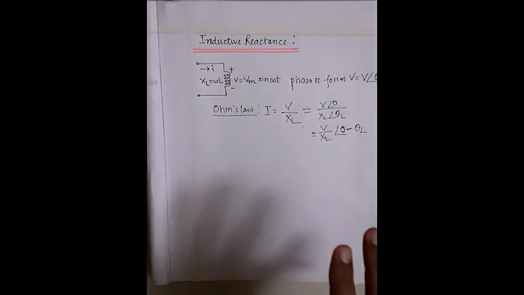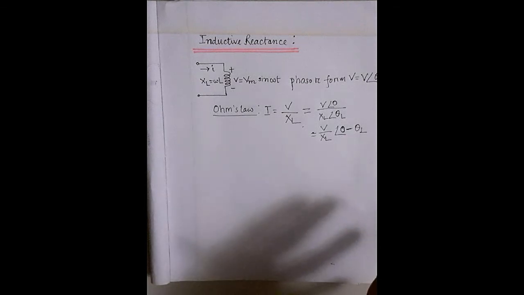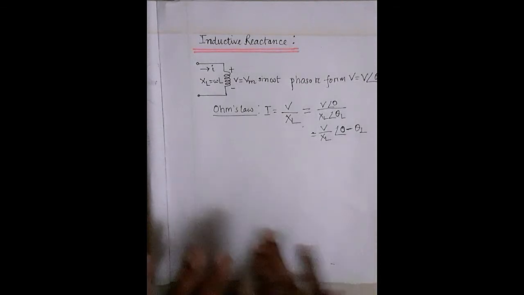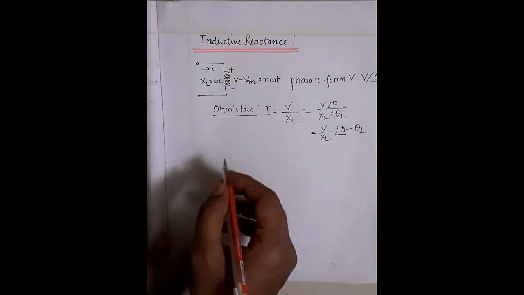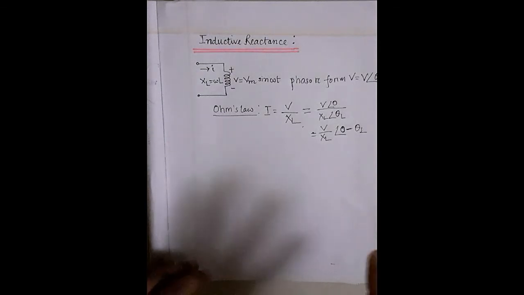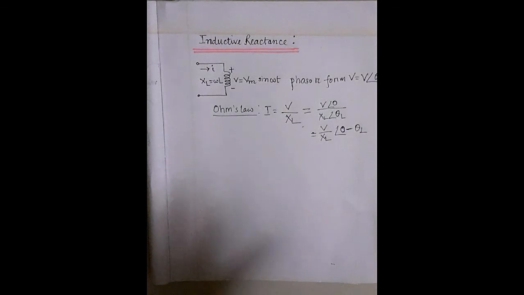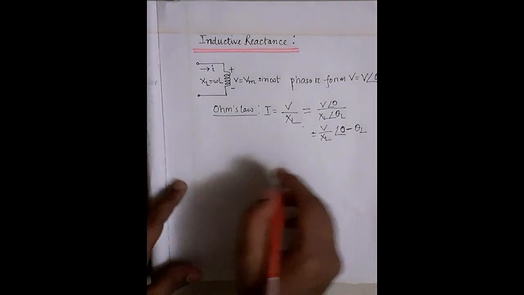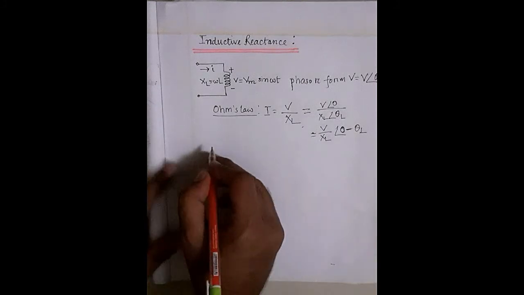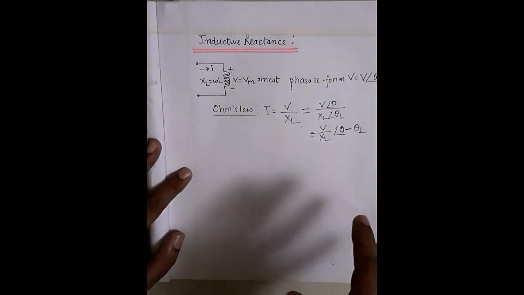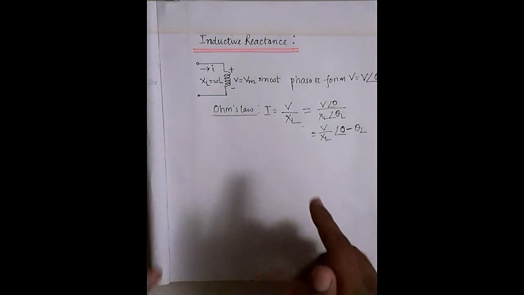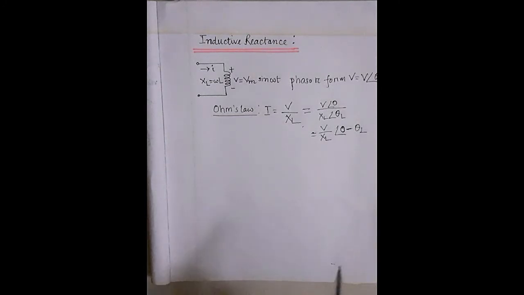As we know, in an inductive circuit, V leads the current I by 90 degrees. It means the current must have an angle of minus 90 degrees associated with this, right? Isn't it so? V leads the current by 90 degrees, so current I should have an angle minus 90 degrees associated with this one.